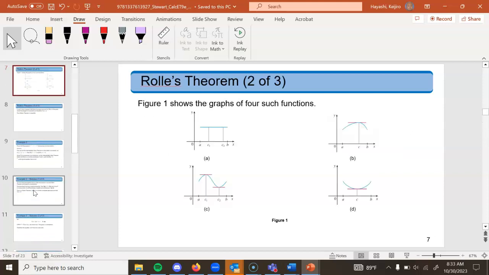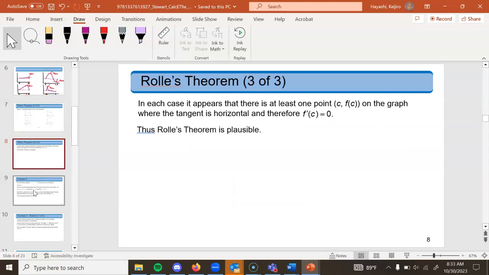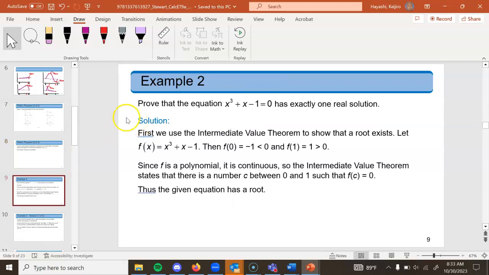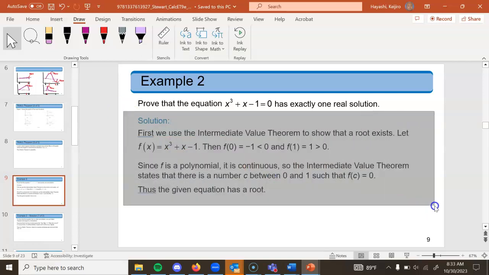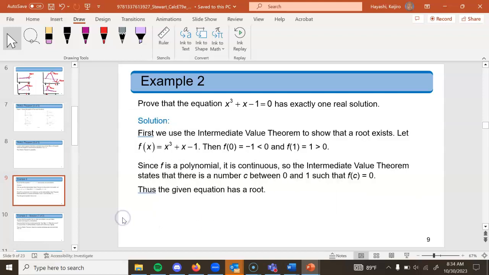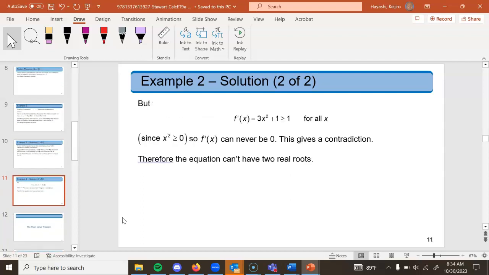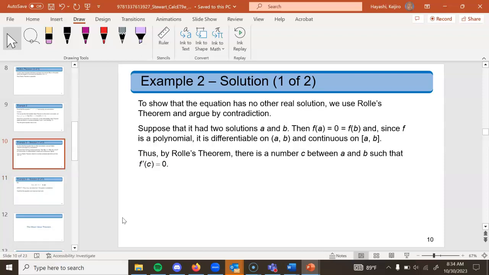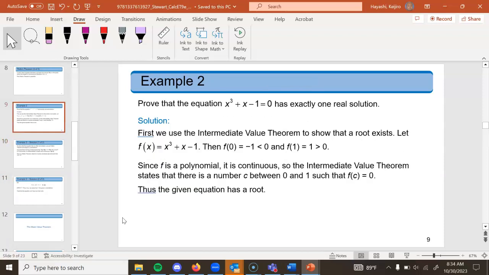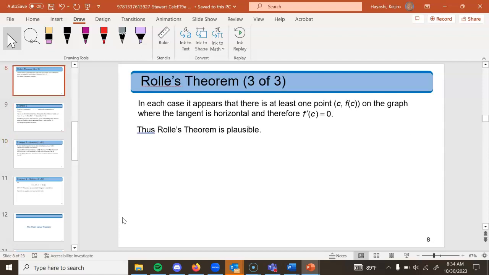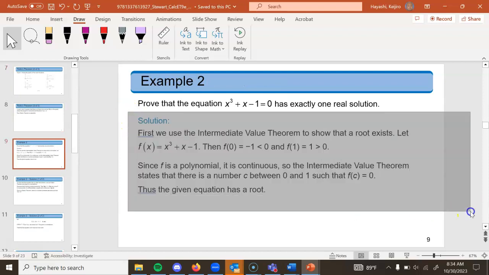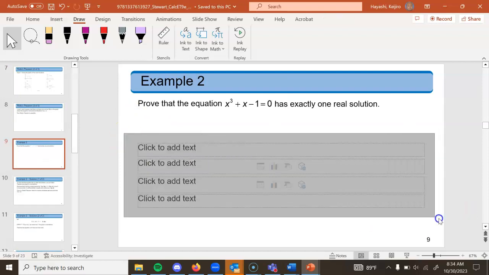What the general proof is. The equation has one solution. All right.